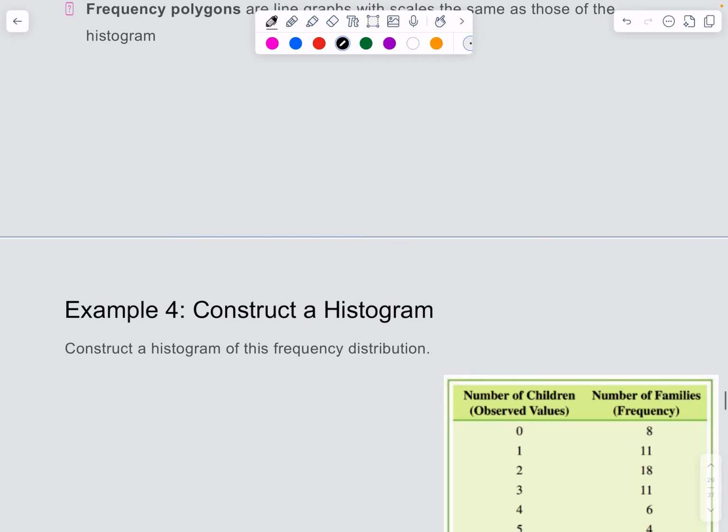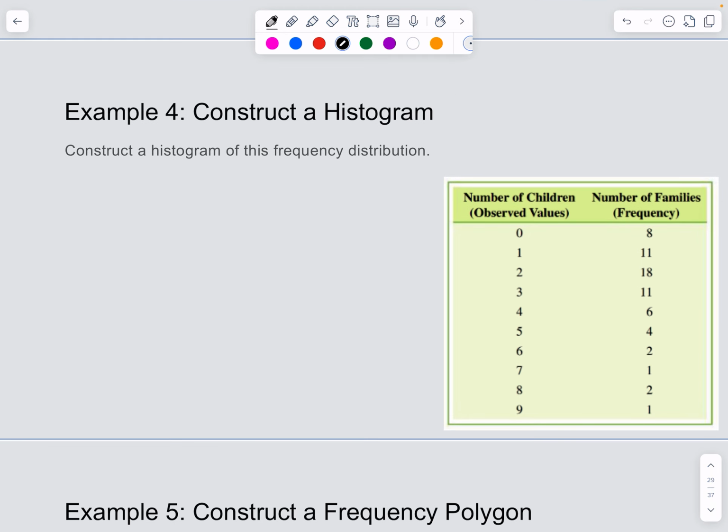So let's make a histogram of this frequency distribution. So first I'm going to make my graph. Okay, and we have the number of children going across here. And the number of families, so how many times we see that happen.